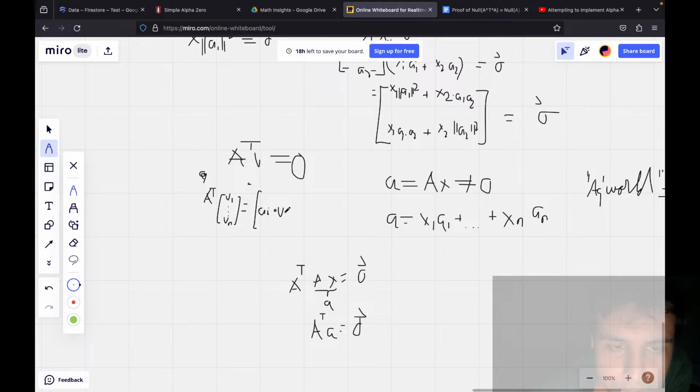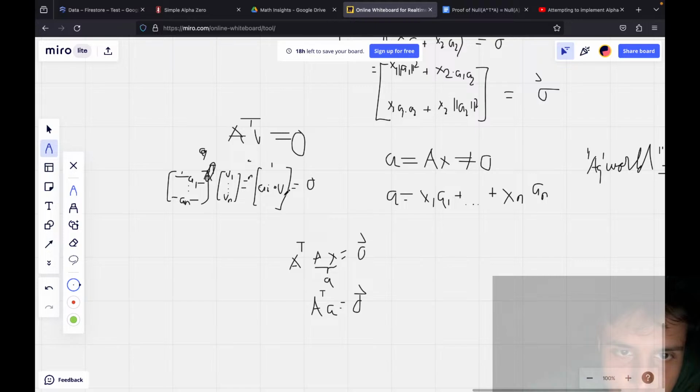A^T is basically the rows a1 dot dot dot an, so the output is n by 1, where the ith entry is a_i dot v. And this equals the 0 vector.